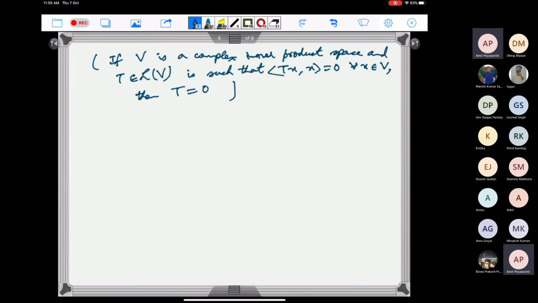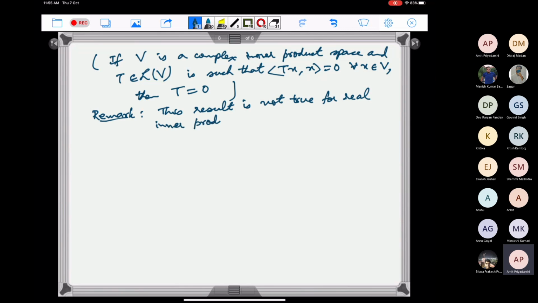So first of all, you note that this is not true if we take a real inner product space. I'll write a remark here. This result is not true for real.